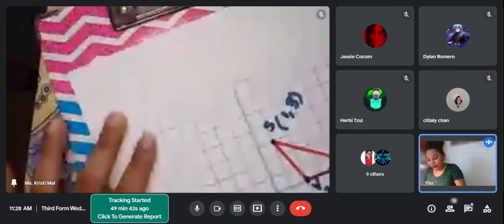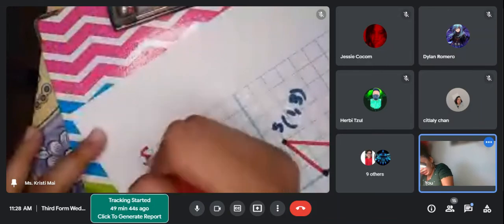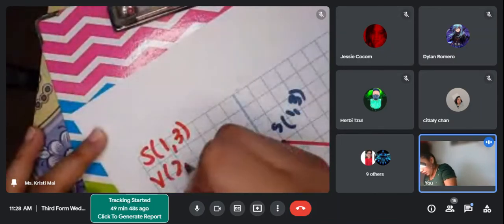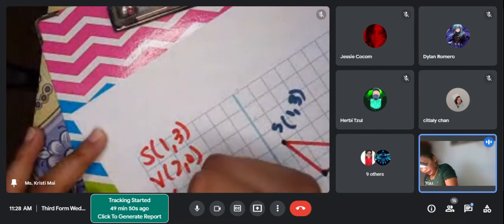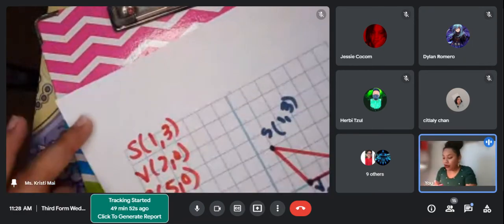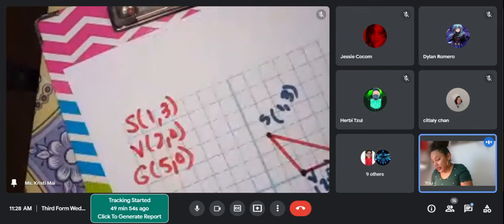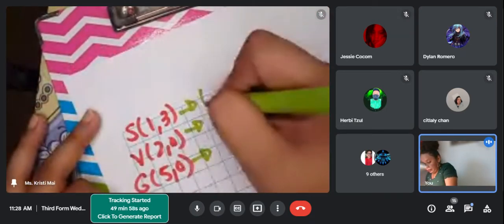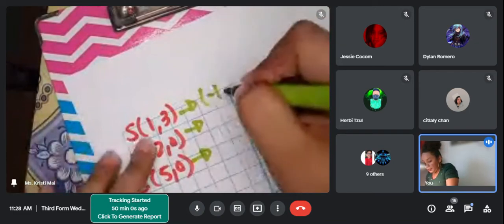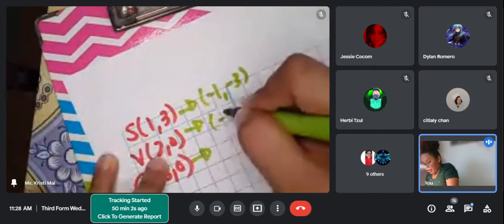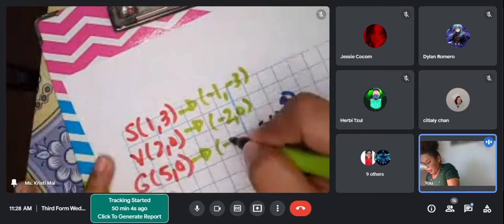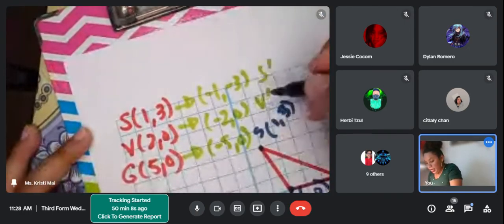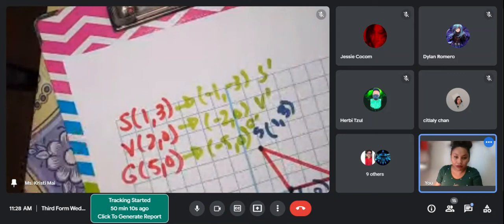So I'm going to go ahead and write these ones right here. S is 1, 3. V is 2, 0. And then G is 5, 0. They will be in the same places, but I will just write the inverse of them. So instead of writing 1, I'll write negative 1, negative 3, negative 2, 0, and negative 5, 0. And then these will be S1, V1, and then G1.